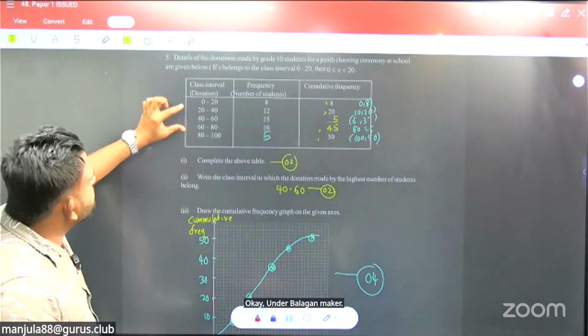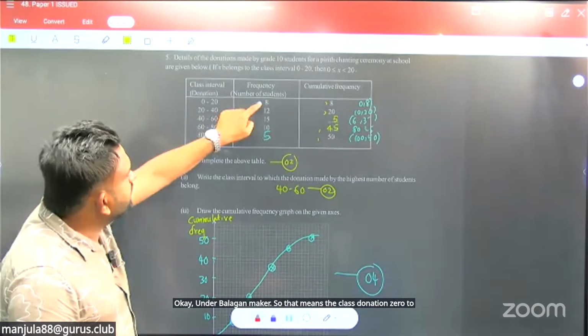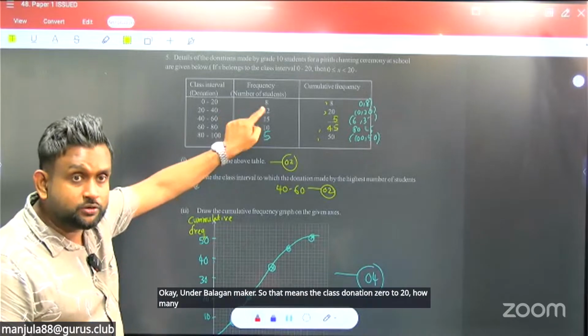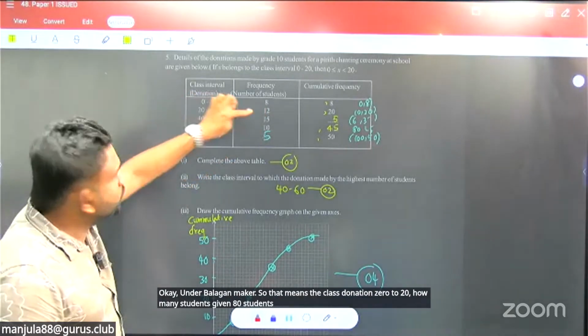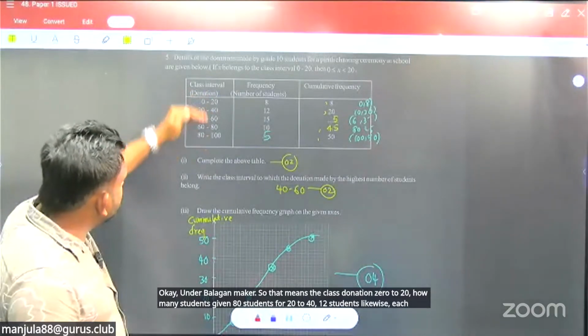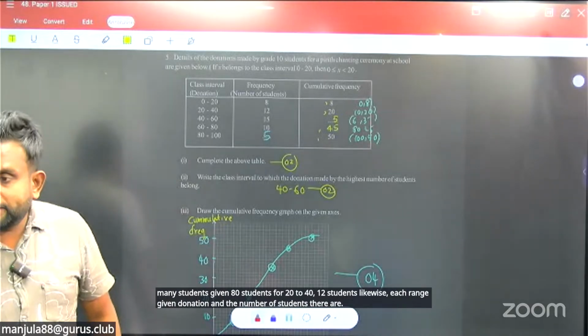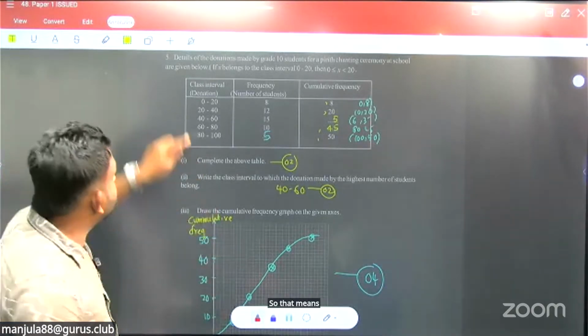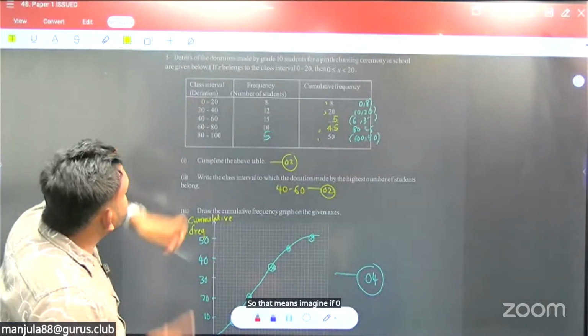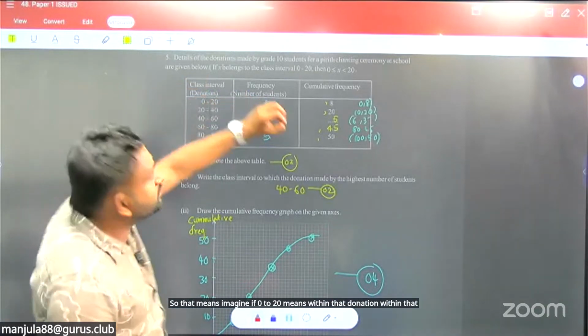So that means in the class donation 0 to 20, how many students gave? 8 students. For 20 to 40, 12 students. Likewise, each range has a donation and a number of students. So imagine 0 to 20 means within that donation period, there are 8 students.